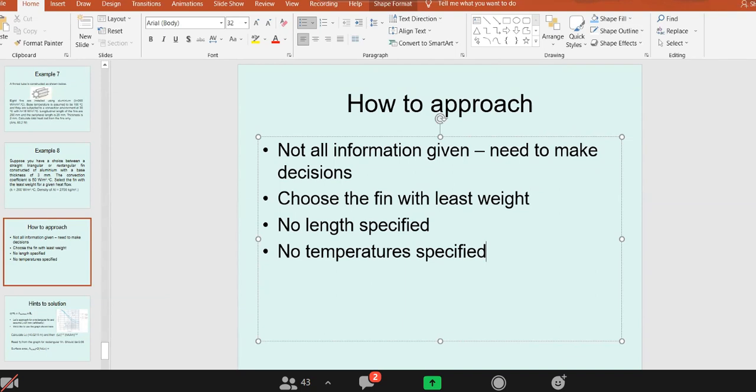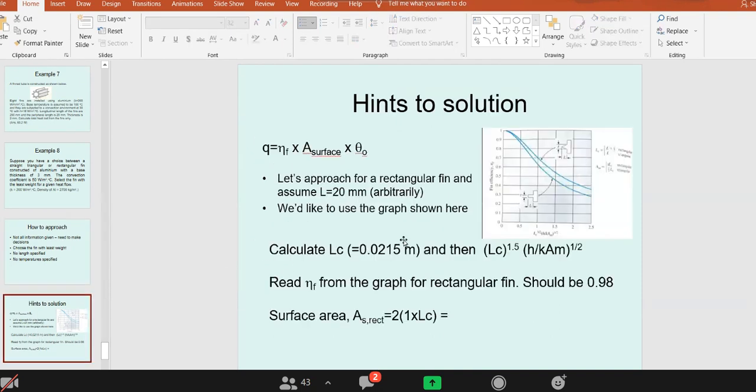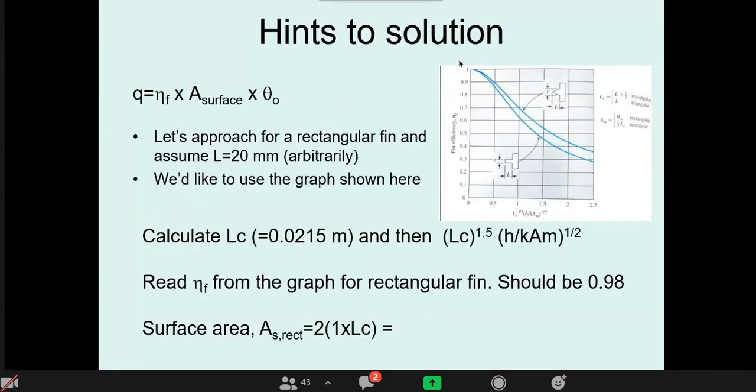Okay? So I'm just showing you how I approached it, and then I leave it to you to start solving the problem. And I'm giving you a few hints here. This is what we'd like to do. So let's do one, and then obviously we can discuss more about it. One of the approaches is to use this particular graphical approach.